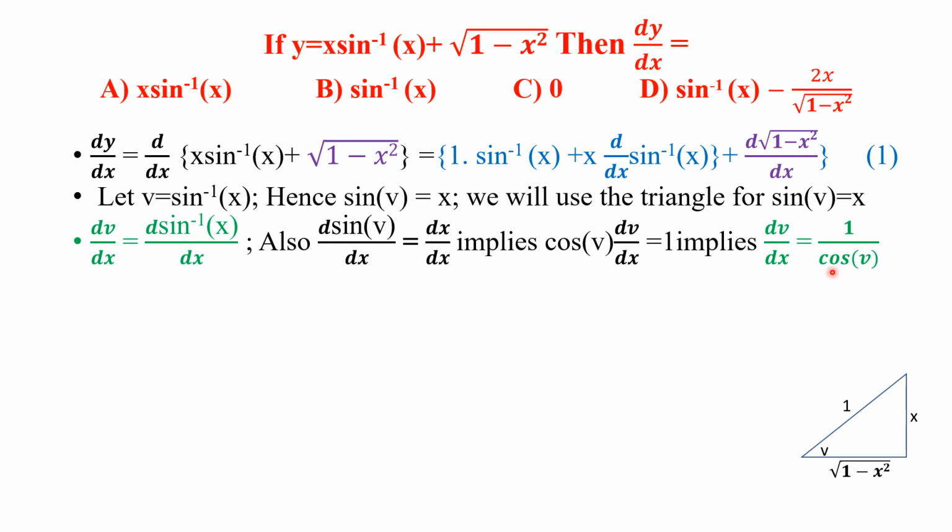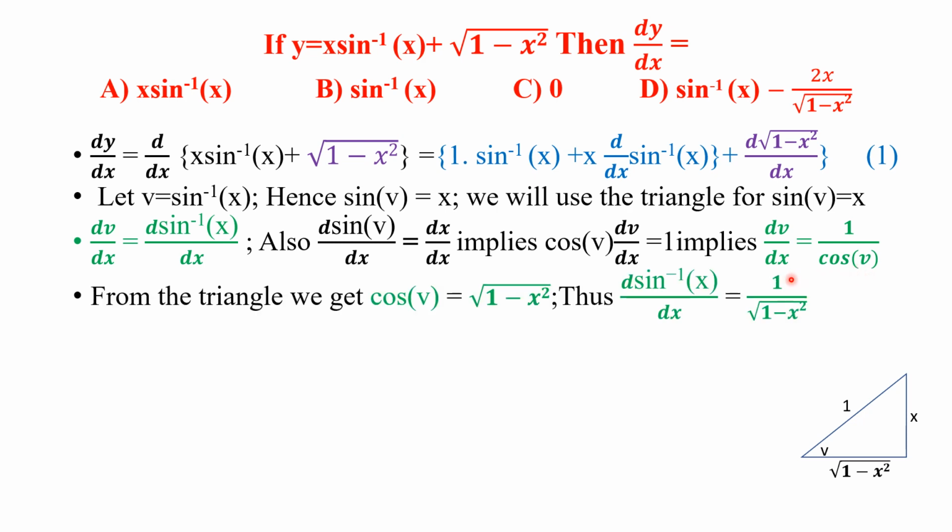Now we have to get rid of cosine v because we just introduced v as a catalyst. So now we have to use trigonometry to save us and eliminate v. From the triangle, cosine v is the adjacent divided by the hypotenuse.